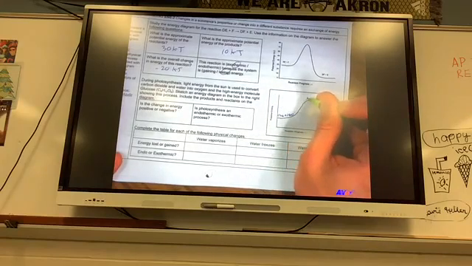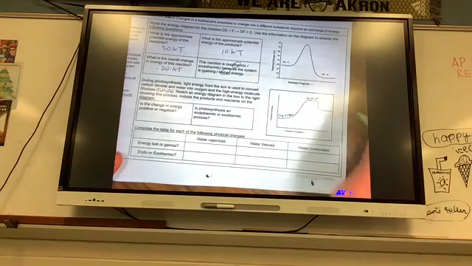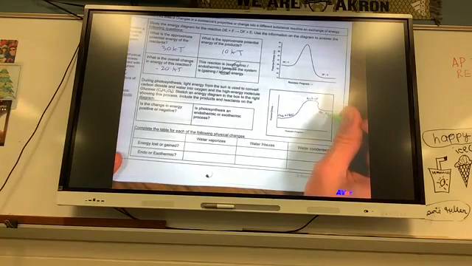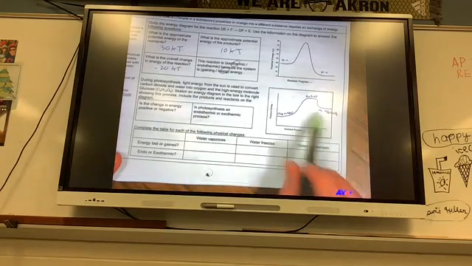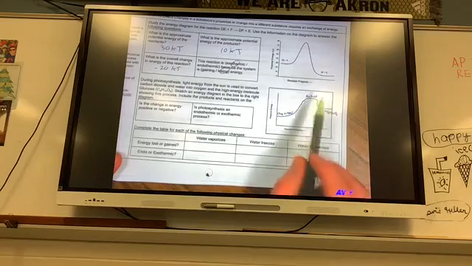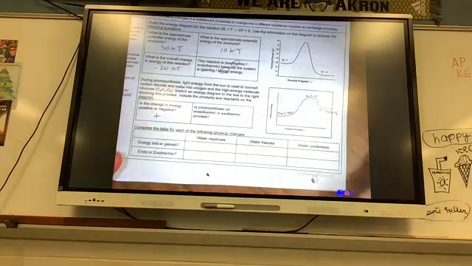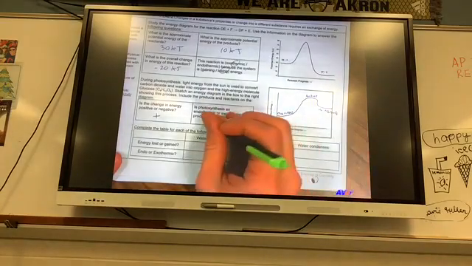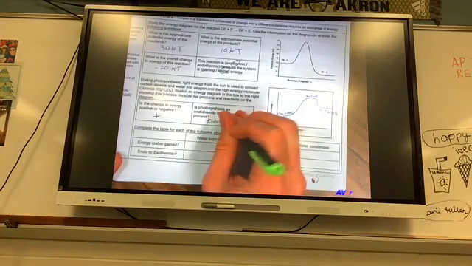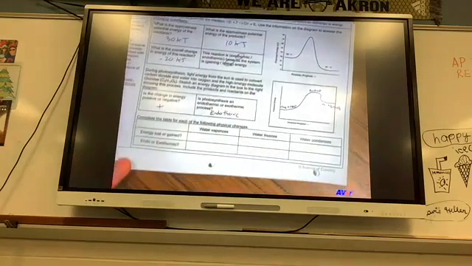Here's my sunlight catalyst, I'd have to put in there. And then here is my O2 plus C6H12O6. So this is my activation energy I have to overcome with sunlight. Is the change in energy positive or negative? It's positive. Therefore, this is endothermic. It requires energy to be put in.